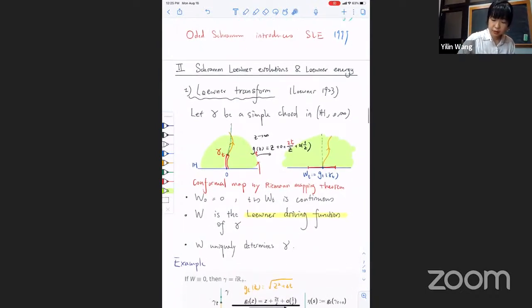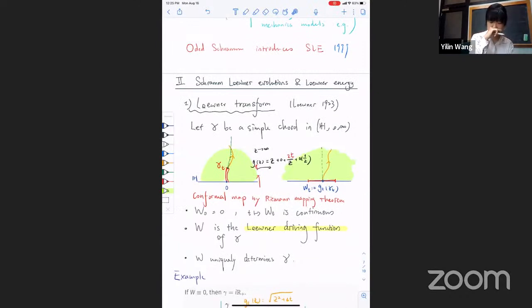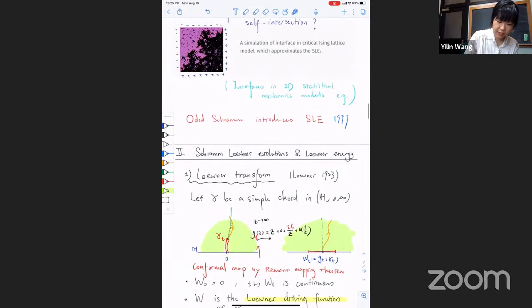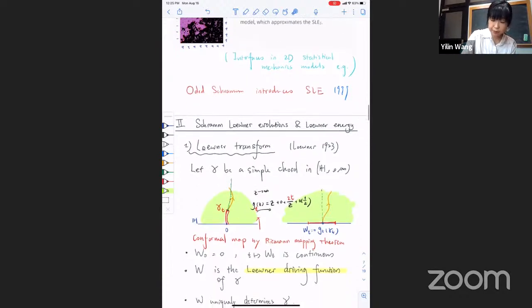So let's see what the Loewner transform is. We will talk about a simple chord. It's a similar situation as here. A chord means you have a simply connected domain and 2 boundary points. The chord is a simple continuous curve from one boundary point to the other boundary point.